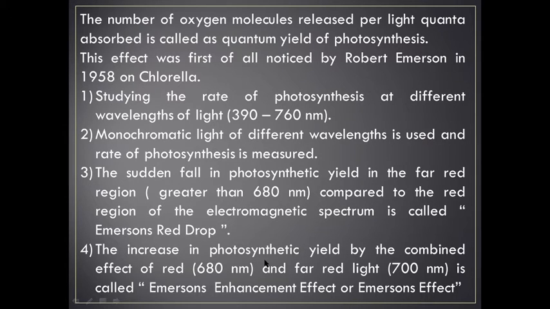The increase in photosynthetic yield by the combined effect of red, that means 680 nanometer of light, and far red light, that means 700 nanometer of light, is called Emerson's enhancement effect or Emerson's effect, or improvement of the yield of photosynthesis.